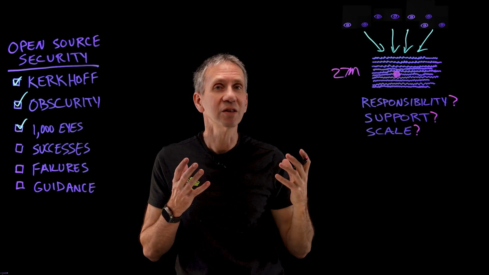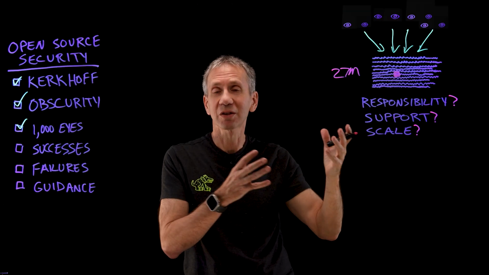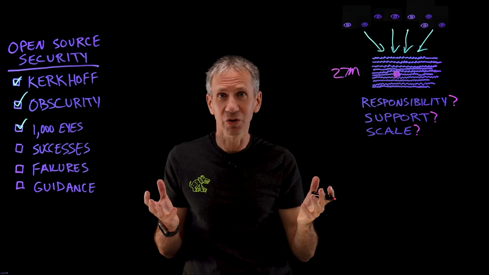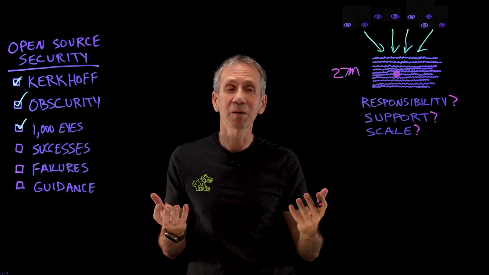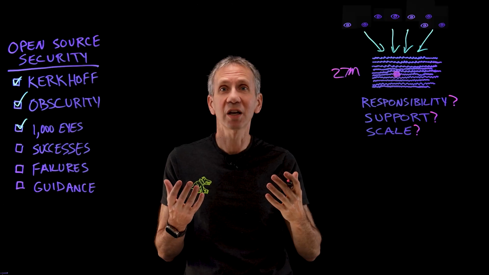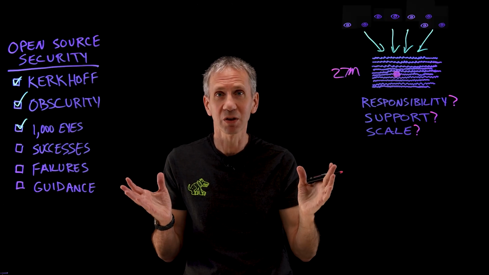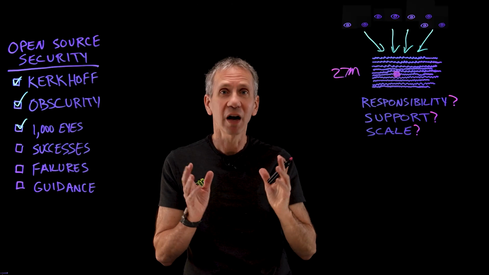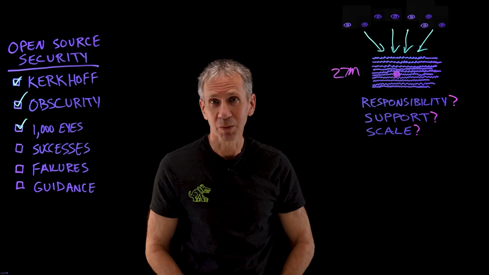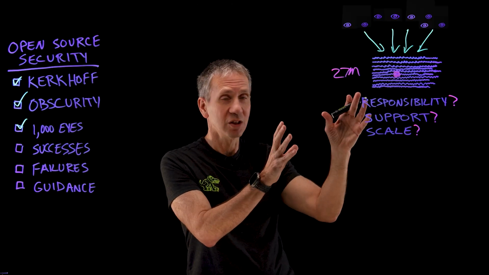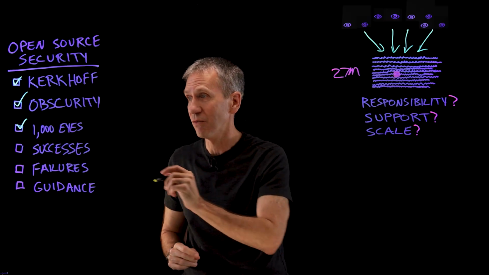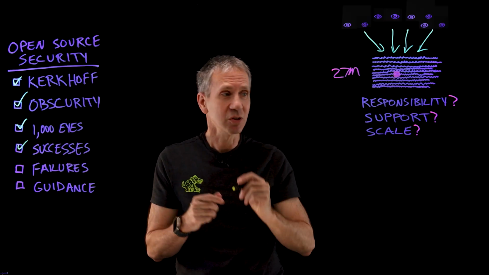Who's going to verify that the fix that somebody wants to suggest, okay, we have processes for doing all of this, but the point is, it's not as simple as just saying, we put it out there and the community finds all the problems and everything works perfectly. It doesn't. Now, having said that, we've had some big successes. So this general principle does in fact work, and I'll give you some examples.